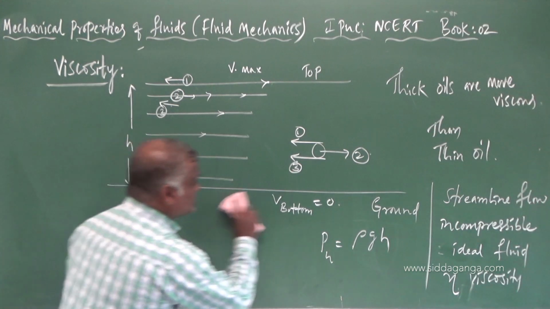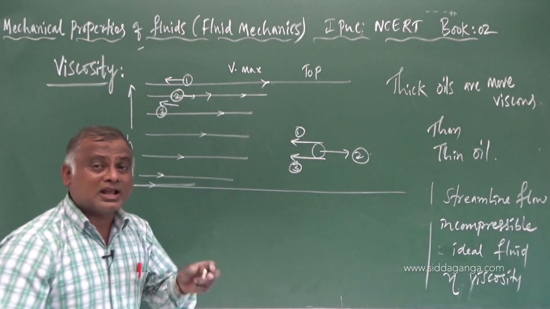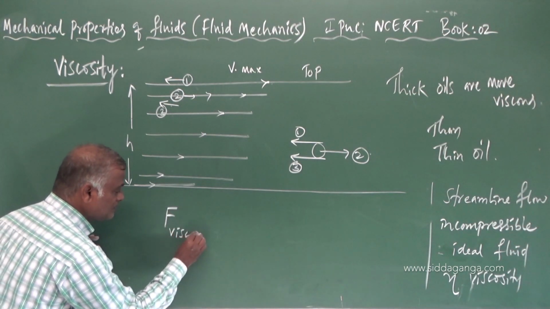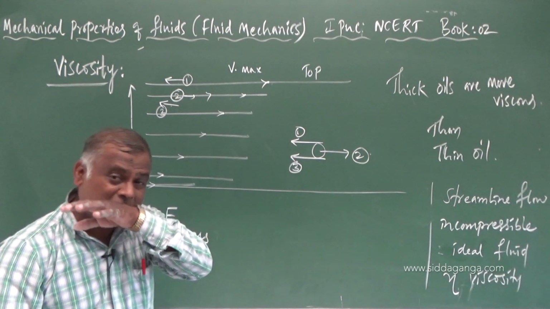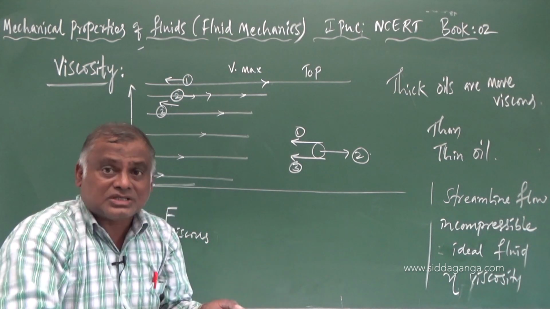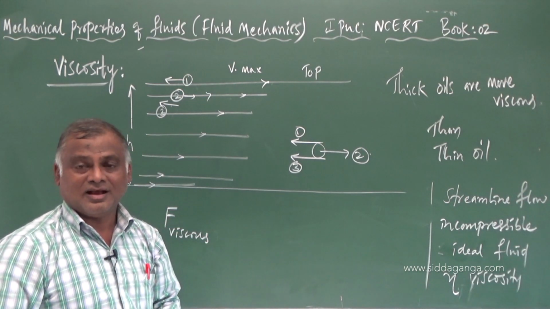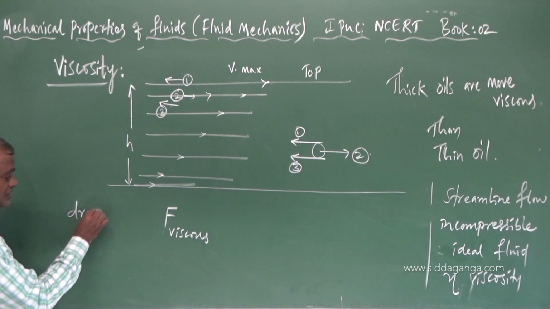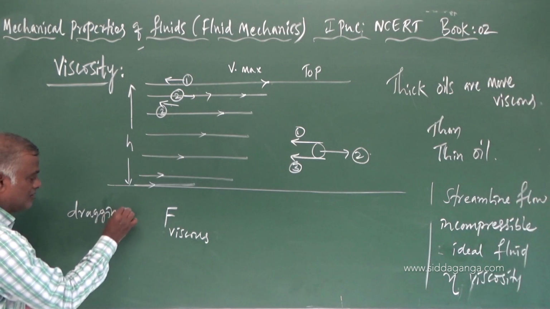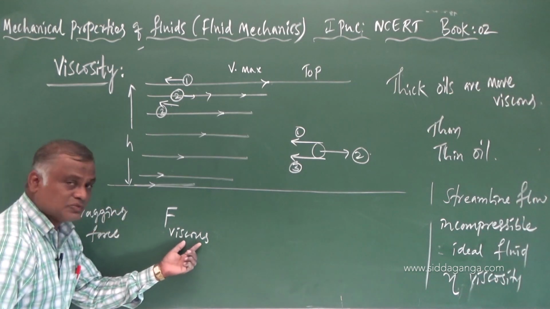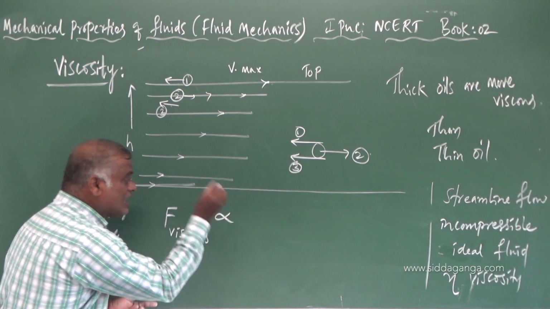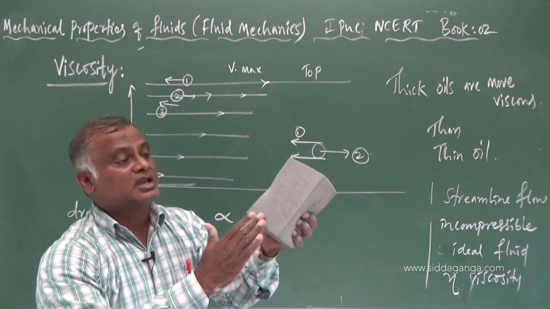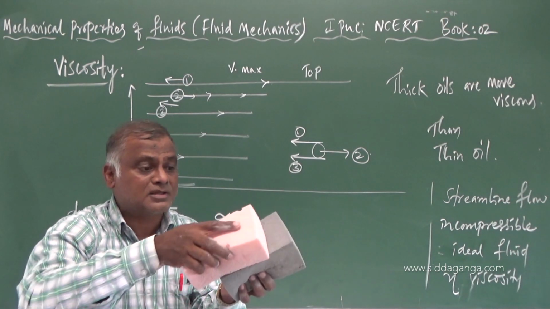Now, with this knowledge, my dear students, one important relation is that viscous force, which always tends to reduce the relative velocity of its adjacent layers, what we call viscous force or dragging force, is directly proportional to the surface area. Suppose I have a larger surface area, what happens?